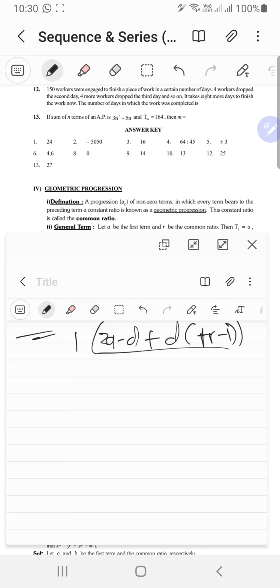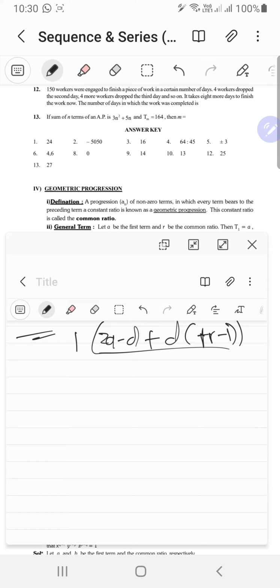The number of days in which the work was completed is what we need. Eight more days. Oh, so 8 more from the number that would have been if none of them dropped, right?